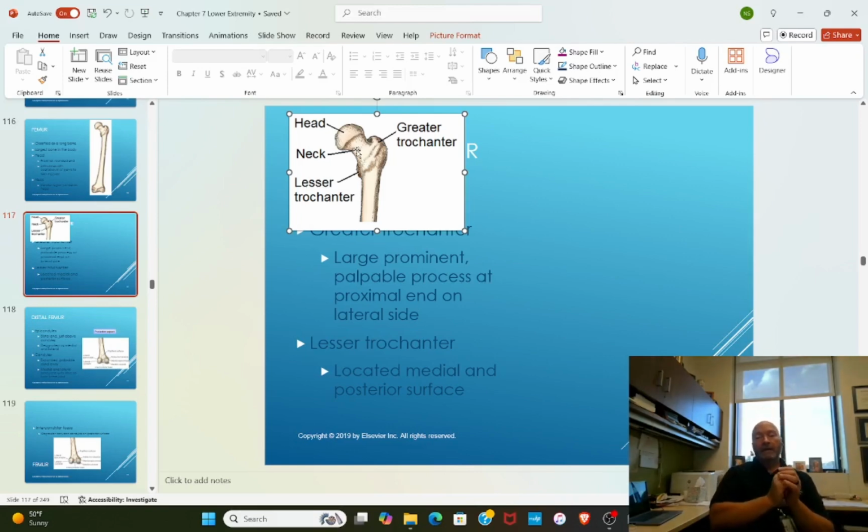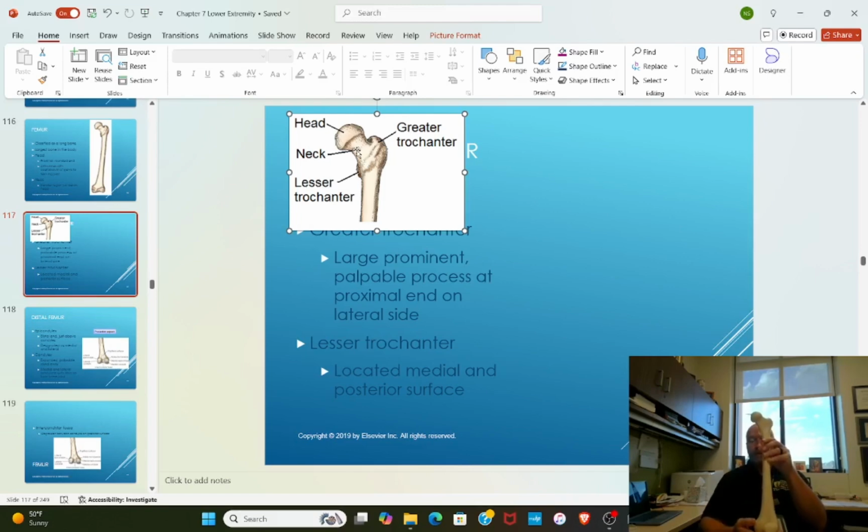If the patient's laying down flat on their back, their feet are probably pointing out like that. And what that's going to do is take the neck of the femur and rotate it so that you can't see the neck of the femur very well.